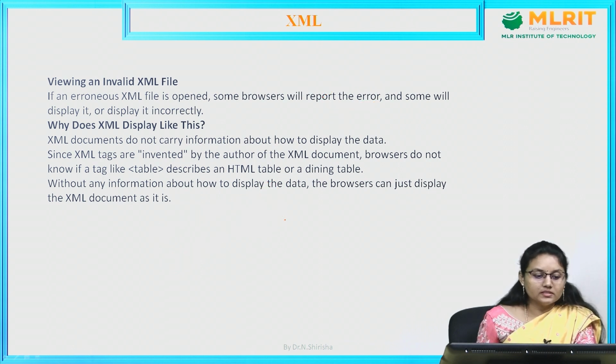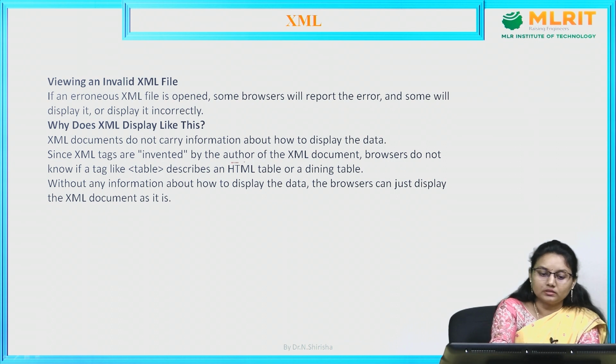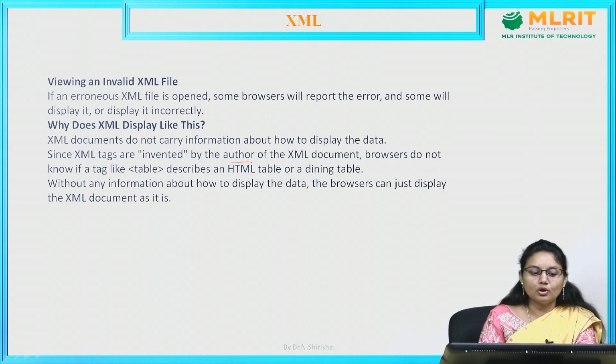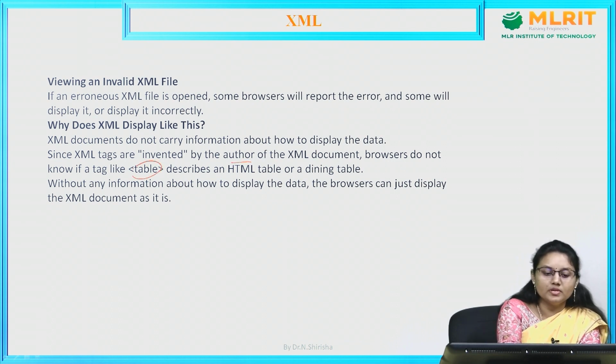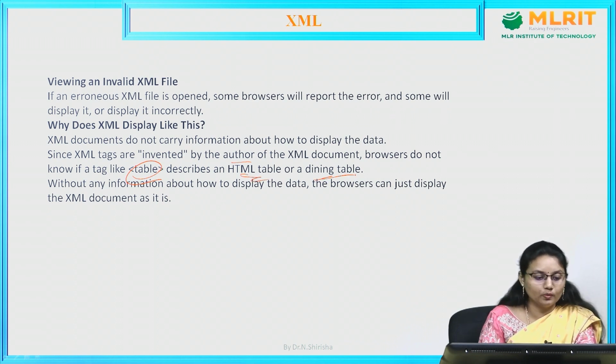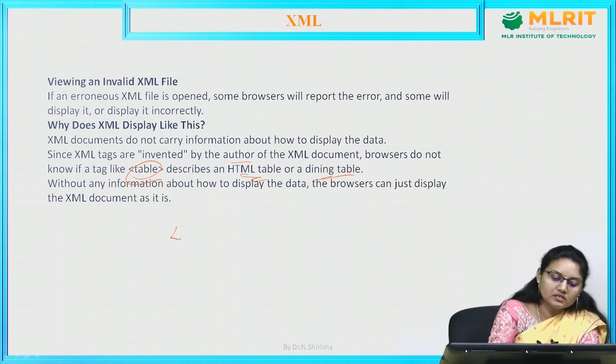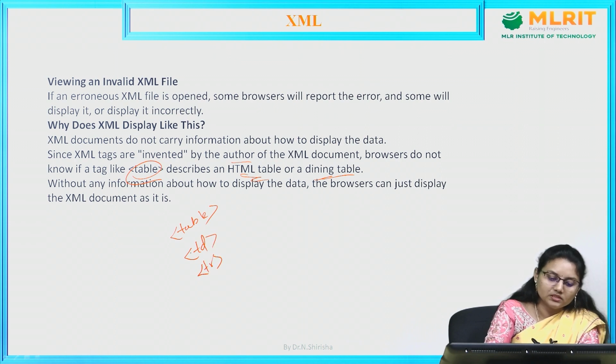Since XML tags are invented by the author, user defined, browsers do not know if a tag like table describes an HTML table or a dining table. It doesn't know. So without any information on how to display the data, the browsers can just display the XML document as it is. If you are writing a table with TR followed by TD tags, it will still display.